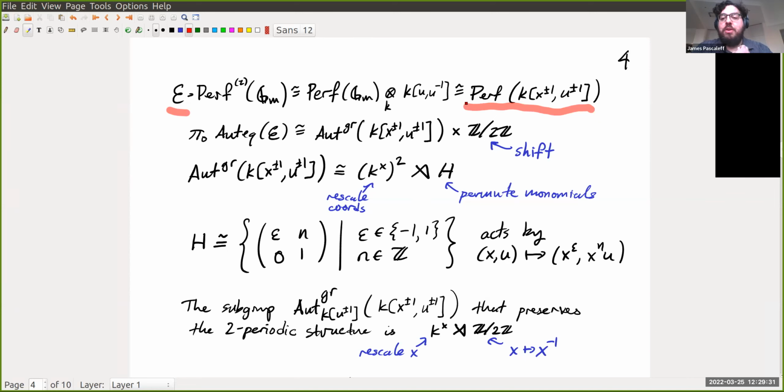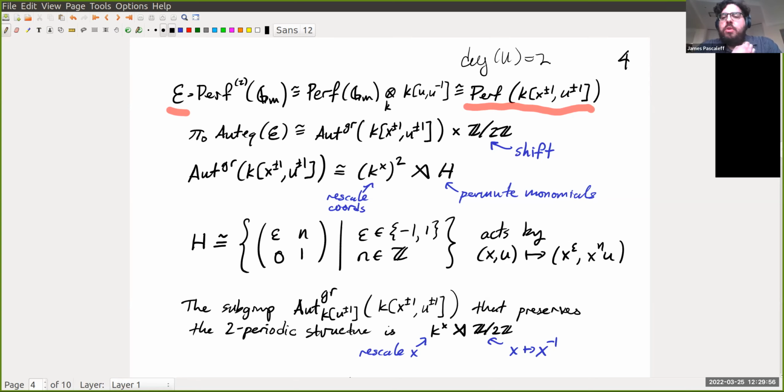It's actually a Laurent polynomial ring in two variables. So X is like the geometric variable, and then U is this two periodic structure. And the point, very importantly, is that the degree of U is 2. Deg U is 2. Just keep that in mind.